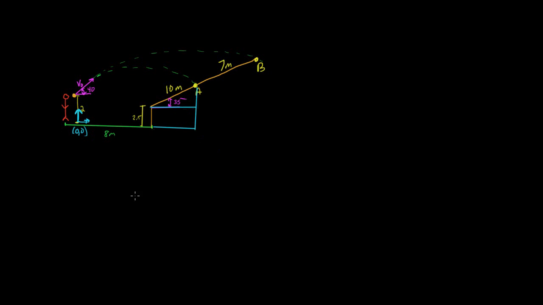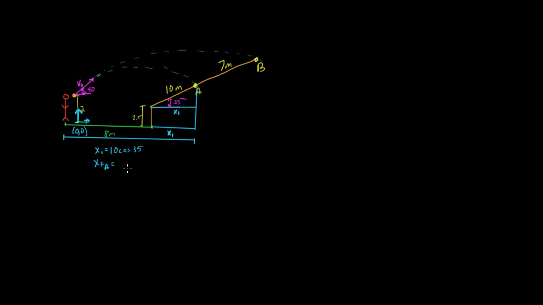This distance is the same as this distance, and this x right here, we'll call it x1, is the same as this x1. And x1 is going to be equal to this 10 meters times the cosine of 35. So this total x, we'll call it x final A, is equal to this entire distance.